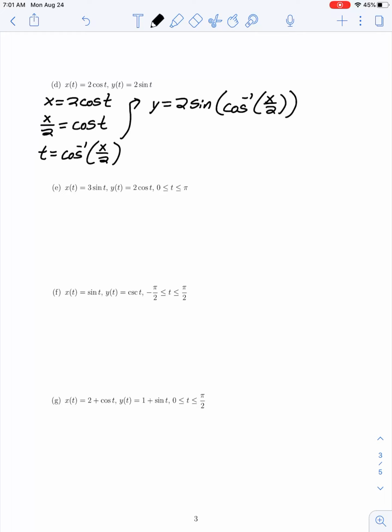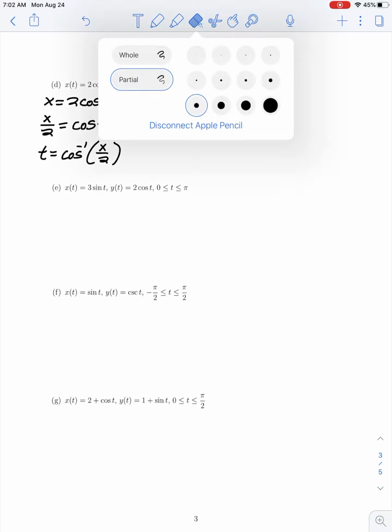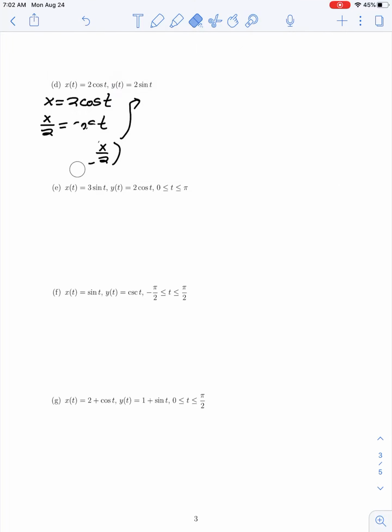And probably the most common relationship among sine and cosine would be the trig identity that the sum of their squares is equal to 1, namely sine squared of x plus cosine squared of x, or any variable, must be 1. So instead of using the previous approach, which we saw was not very effective, let's try something else here.